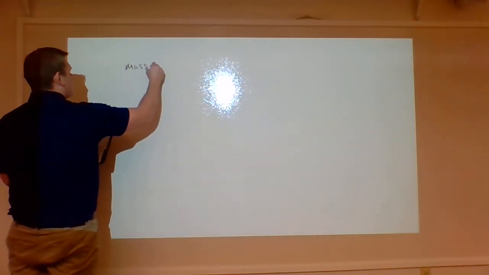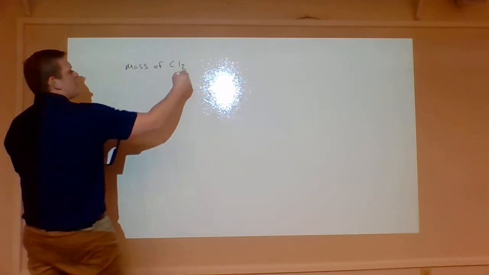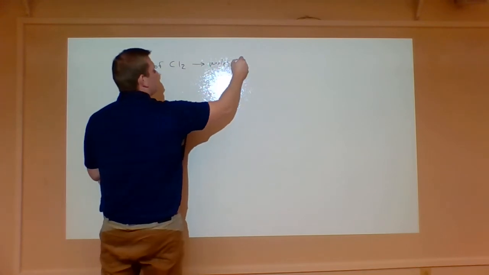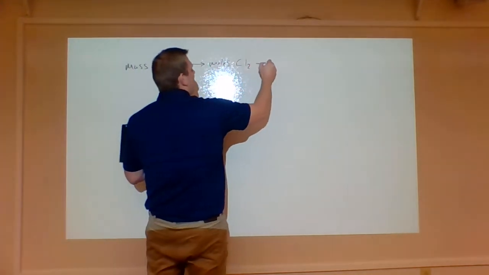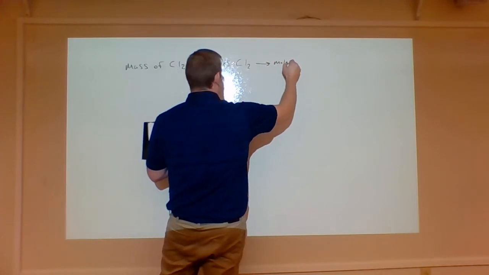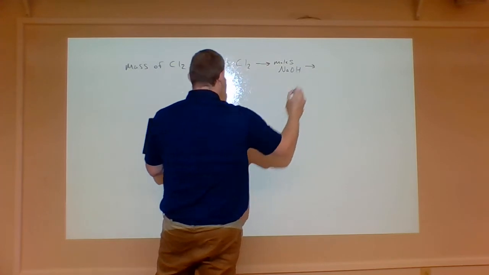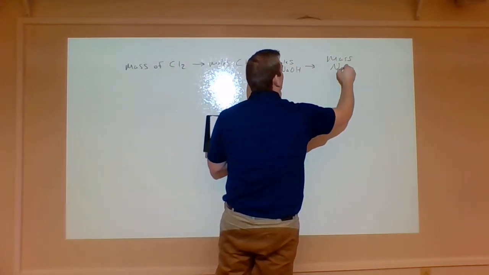We have our mass of Cl2 that we're given. Then we need to convert that to moles of Cl2. Then we need to convert that into moles of NaOH. And then we can convert that to the mass of NaOH.